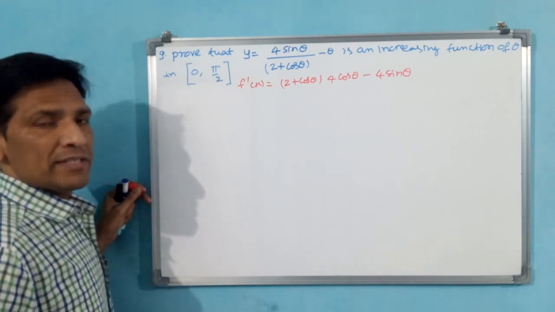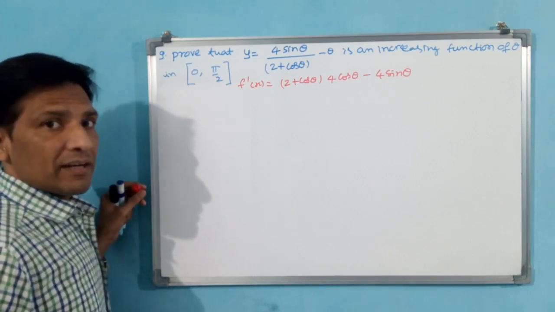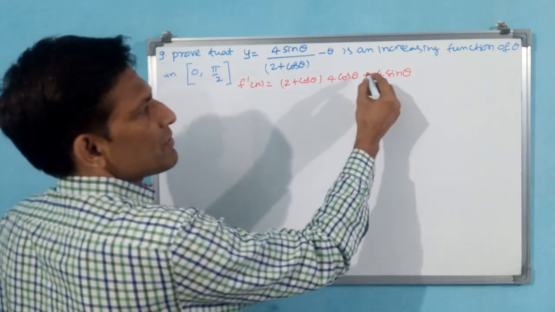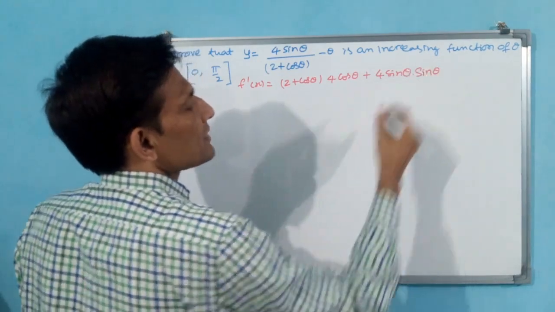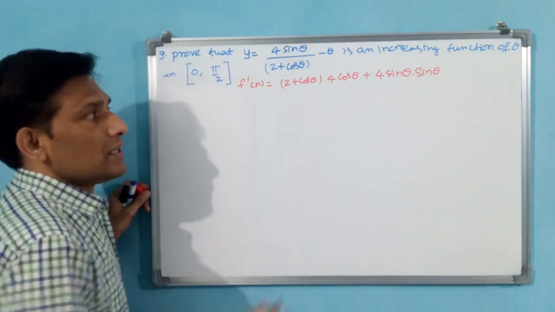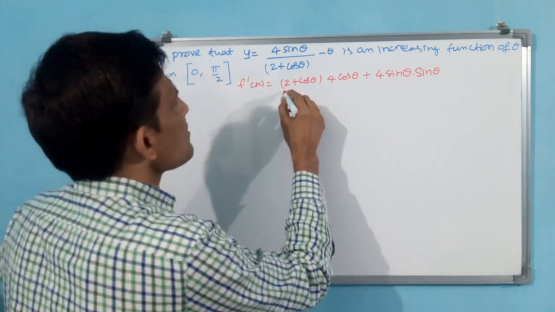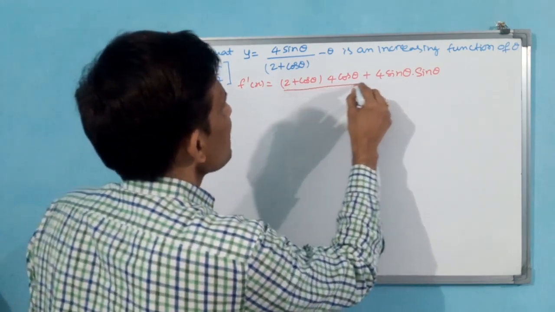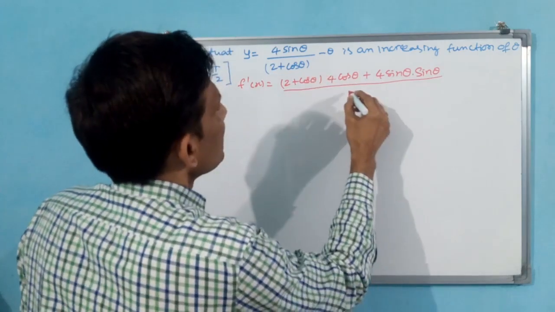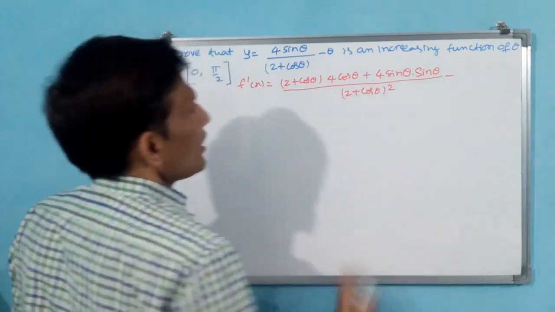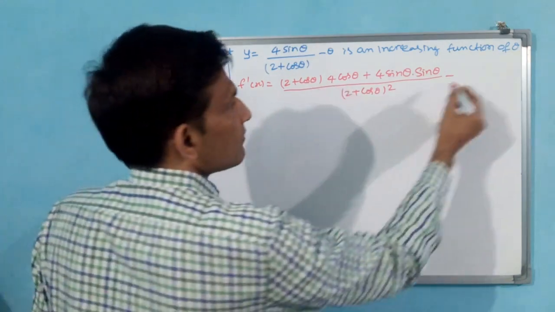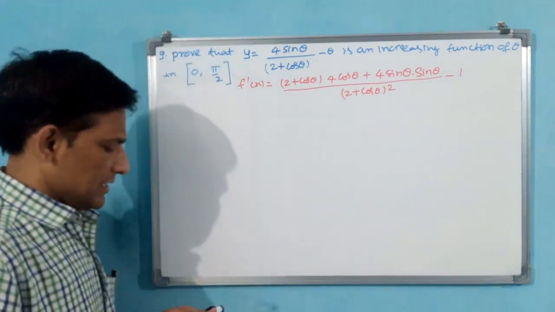D by d theta 2 is 0. But d by d theta cos theta is minus sin theta. Minus sin theta means shall I write plus sin theta? Minus of minus. Okay. So we have multiplied. We are jumping one step. Divided by v square. 2 plus cos theta whole square. D by d theta theta is 1. Okay.